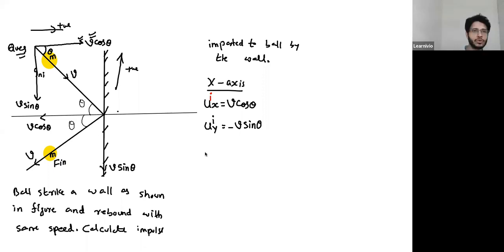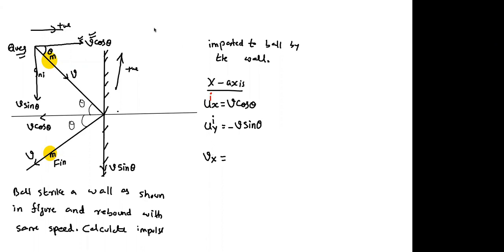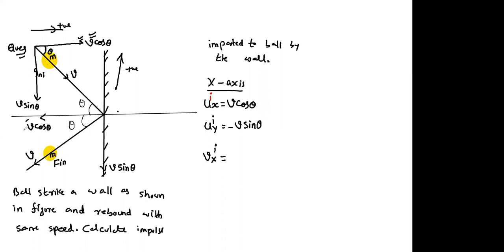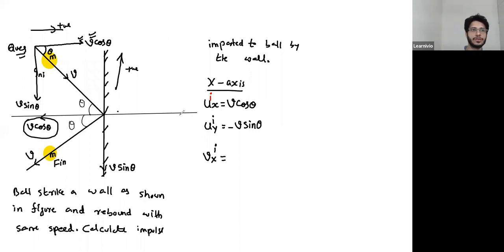Very good. Let's do final velocity. X component of final velocity. Rania, keep telling. How much is Vx final? Not Vx initial. V sin theta is along Y axis. Along X axis it's v cos theta. So if I'm taking right hand side to be positive, then this will be negative, minus v cos theta.